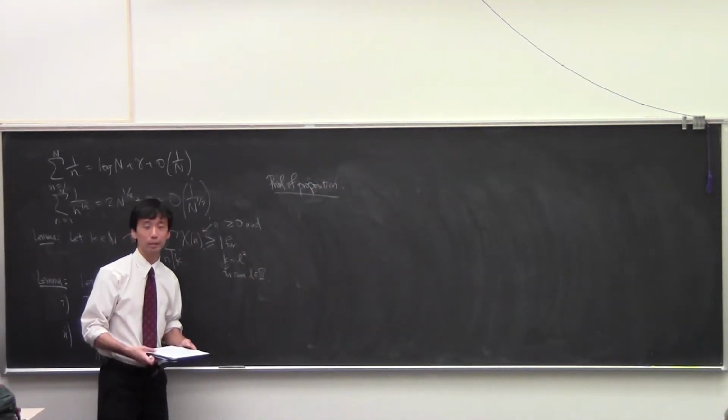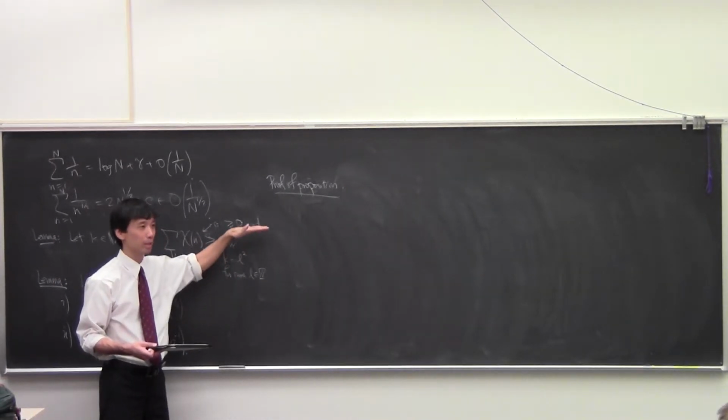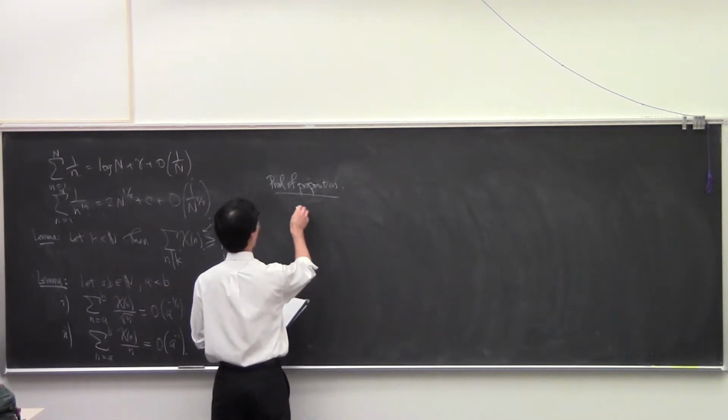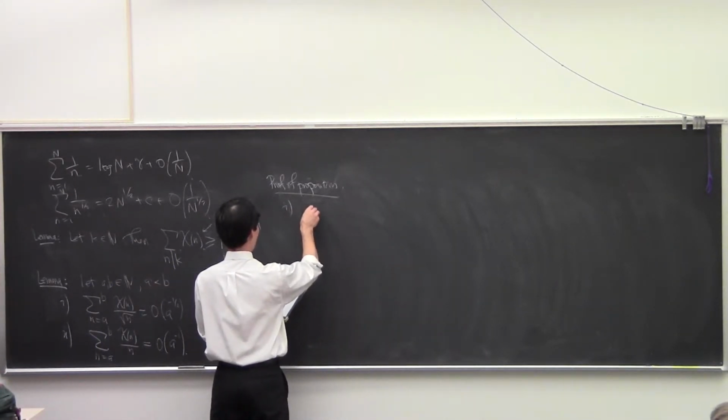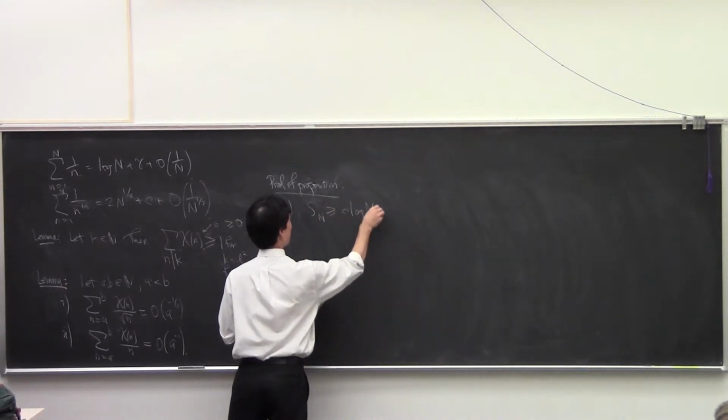First thing we'll get is the bound from below, showing that the thing is bounded below by the logarithm. So when Sn is bigger than C times log n.